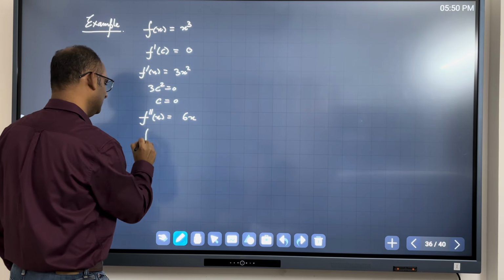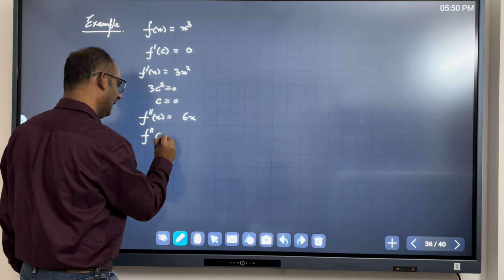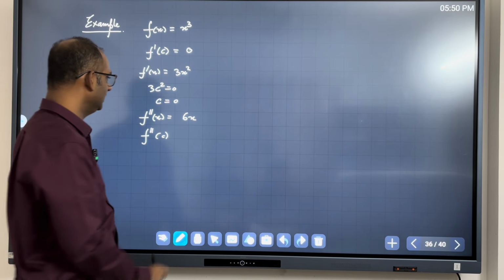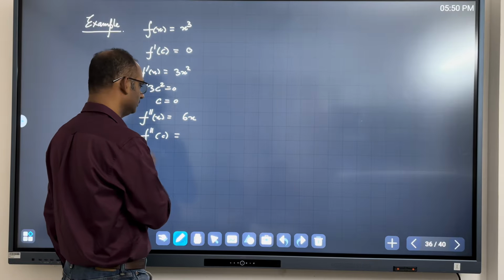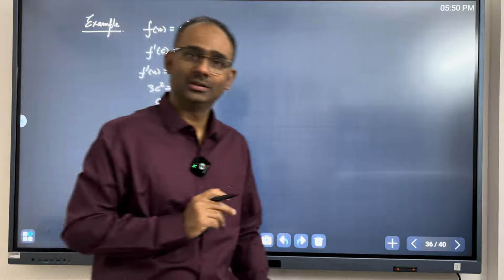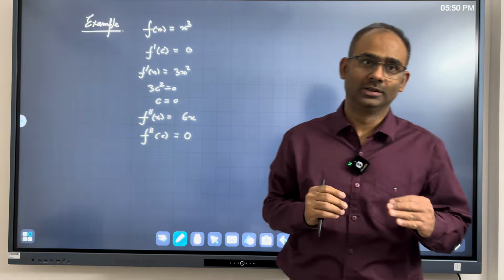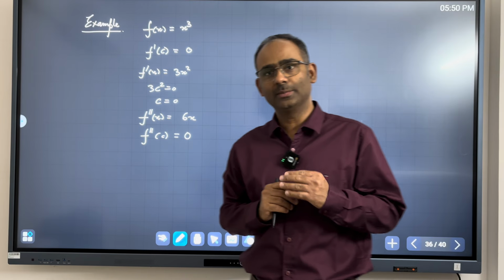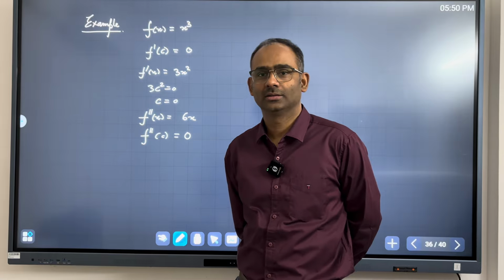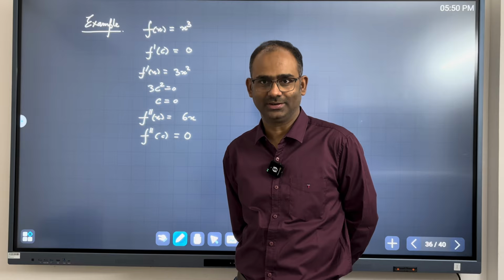So what is the second derivative at the point c? So what do we have? First derivative, slope is 0. Do you have a maximum or a minimum? None. None of those conditions are satisfied.